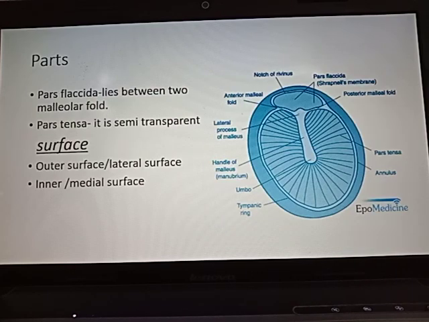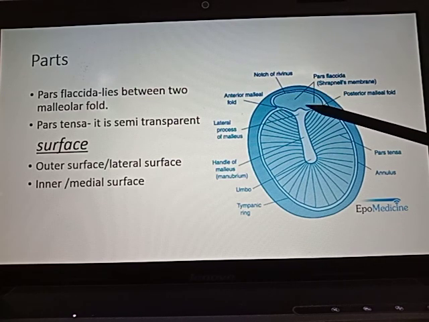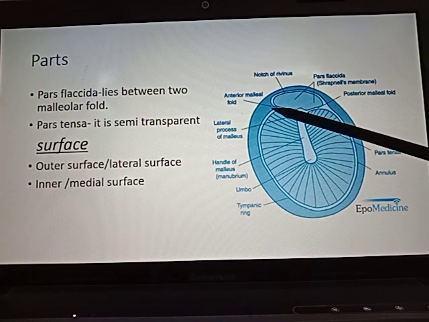Then come to the parts of this tympanic membrane. It has mainly two parts: the pars flaccida, or the flaccid area, and the pars tensa, or the tense part. The pars flaccida lies between the two malleolar folds.